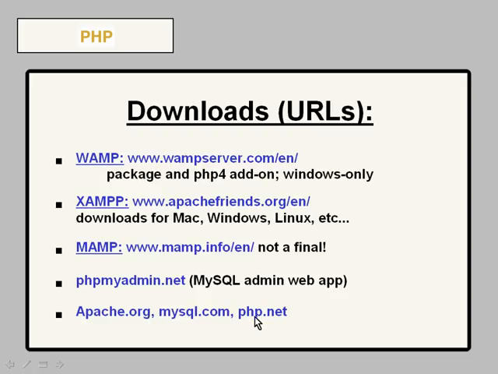And then if you want to do it individually, well, apache.org, mysql.com, and php.net. All the details I'm giving you here is information you can use to decide what environment you want to use PHP in. I would strongly recommend you use WAMP on Windows because everything you need is installed right away for you. On the Mac, I encourage you to follow the instructions I give you for installing and setting up the software. MAMP is still in beta, and I don't currently use this package.